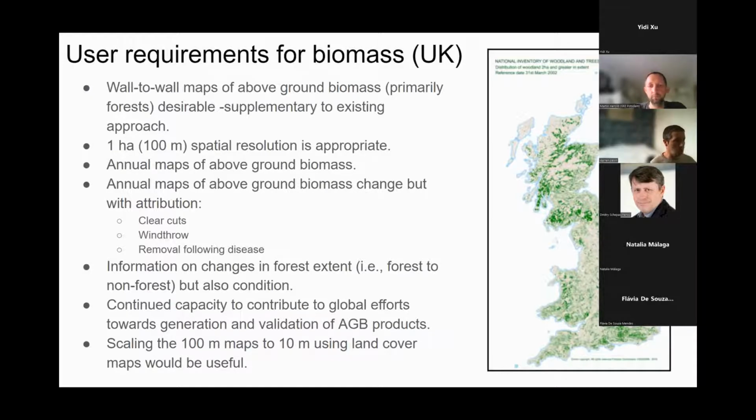We normally produce estimates of above ground biomass on a 5-year scale, the same time scale as the inventory, and annual maps of above ground biomass change with attribution would be useful. So what's causing these changes in biomass? Is it clear fell, wind blow, or removal following disease?